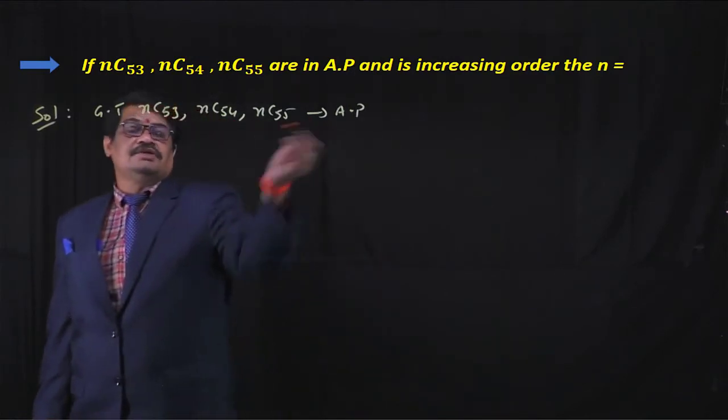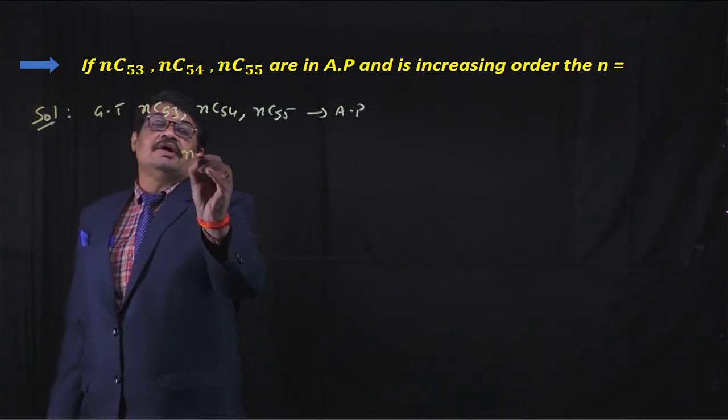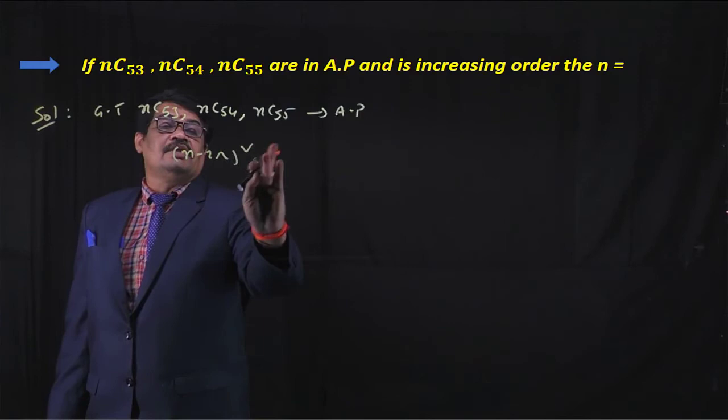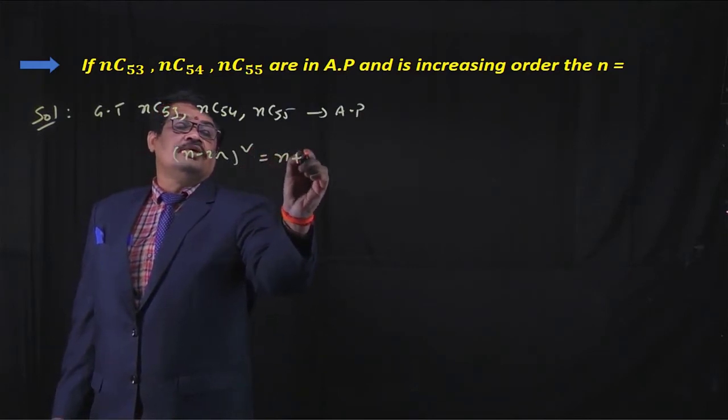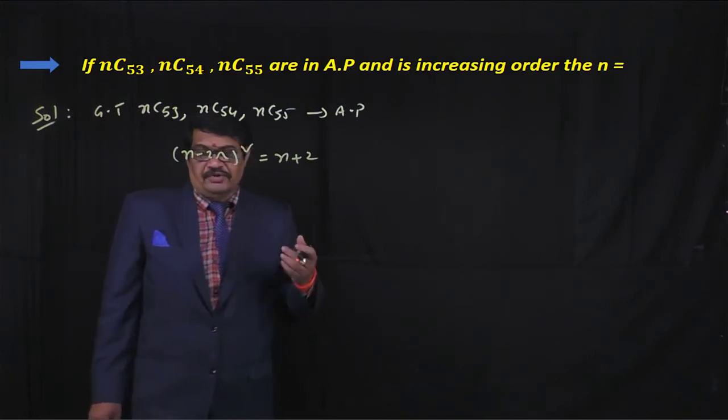Okay, if these three terms are in AP, then what is the condition? (n − 2r)² = n + 2. Using this formula, we are finding the value of n.